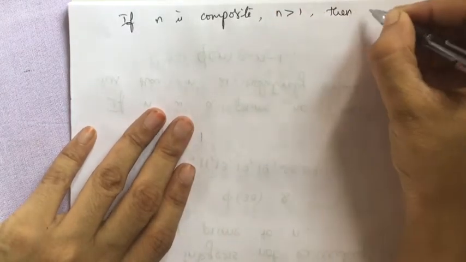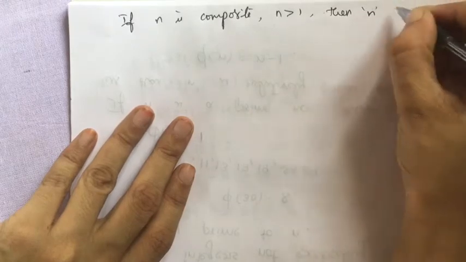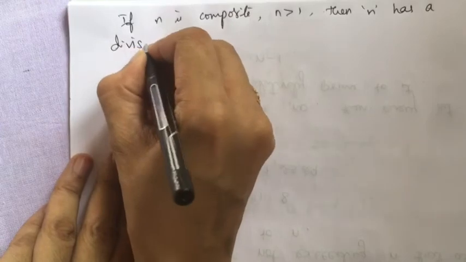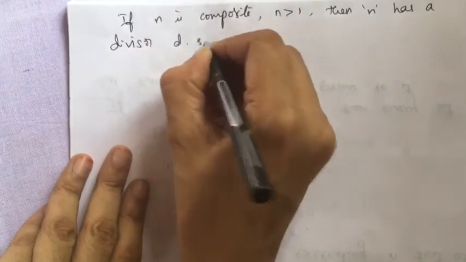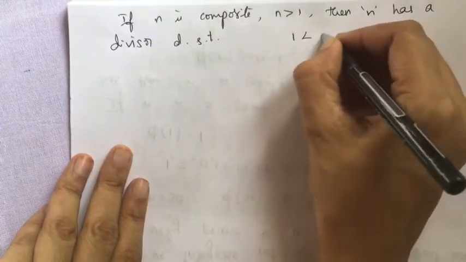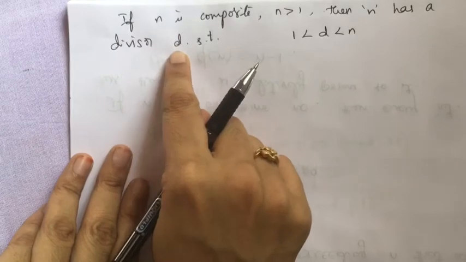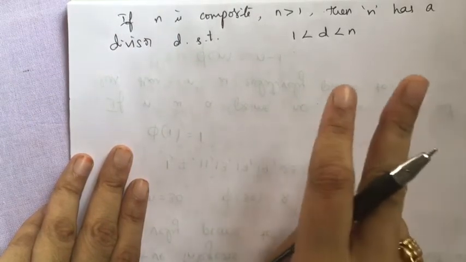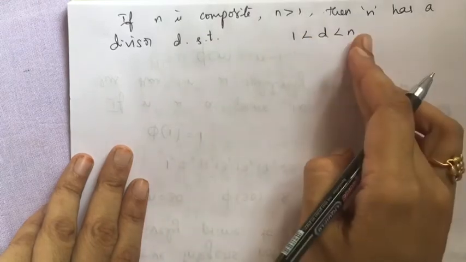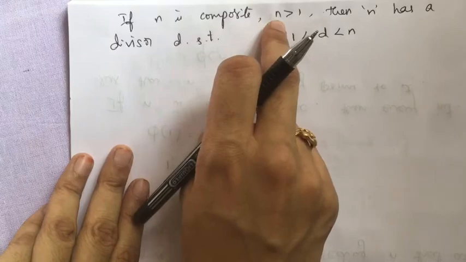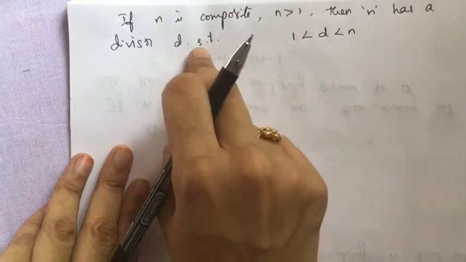It should have a divisor, say d, in such a way that it must be less than n and greater than 1. And I can say when it has a divisor, then there exist at least 2 integers between 1 and n that are not relatively prime to n, because it has a divisor.